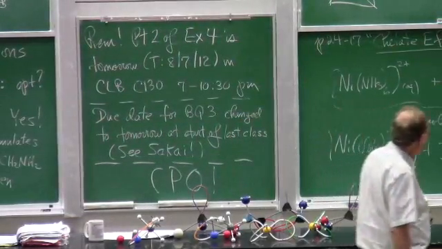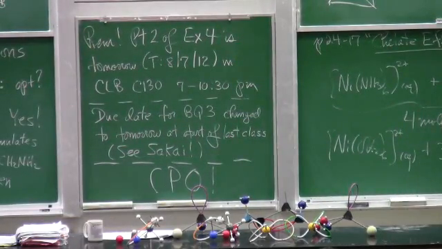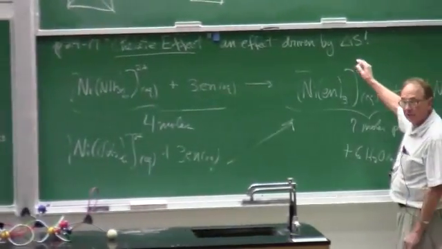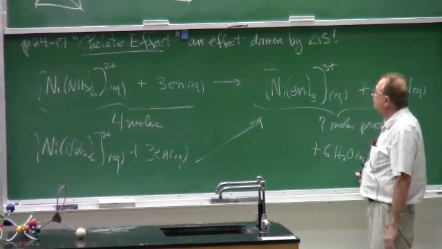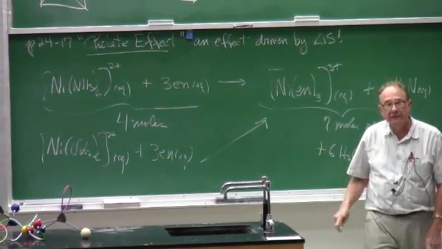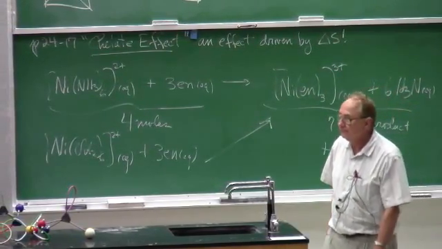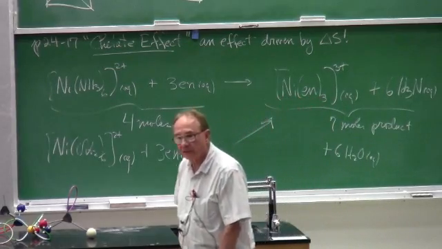Well, at a glance you see that this too is also strongly driven by a big change in entropy. 4 moles becomes 7 moles. Now, from a thermodynamic standpoint, what's the other part of the puzzle?